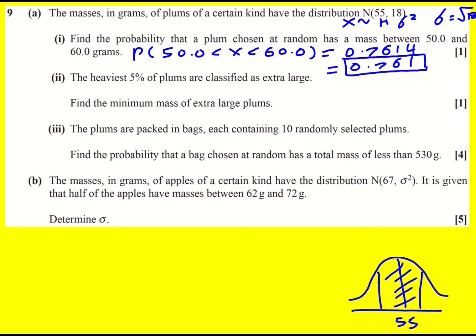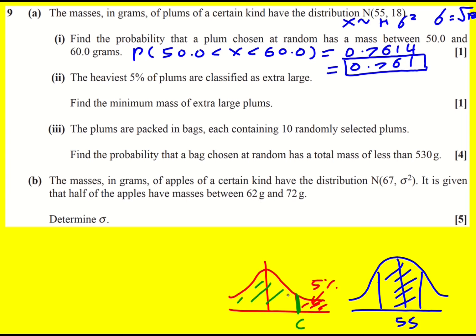And we're told that the heaviest 5% of plums are classified as extra large. Find the minimum mass of extra large plums. So I know I've got 5% of the area under my curve here. This is my, let me call it C, the cutoff value for when they become extra large plums.